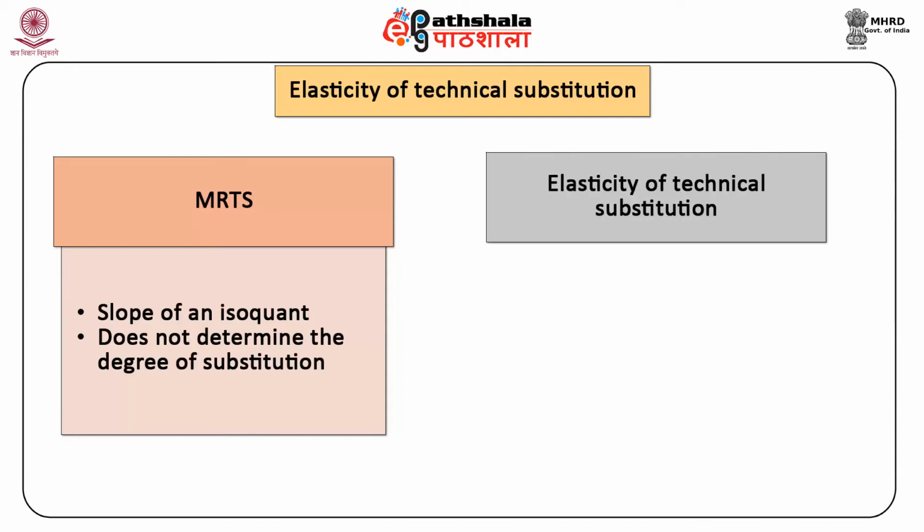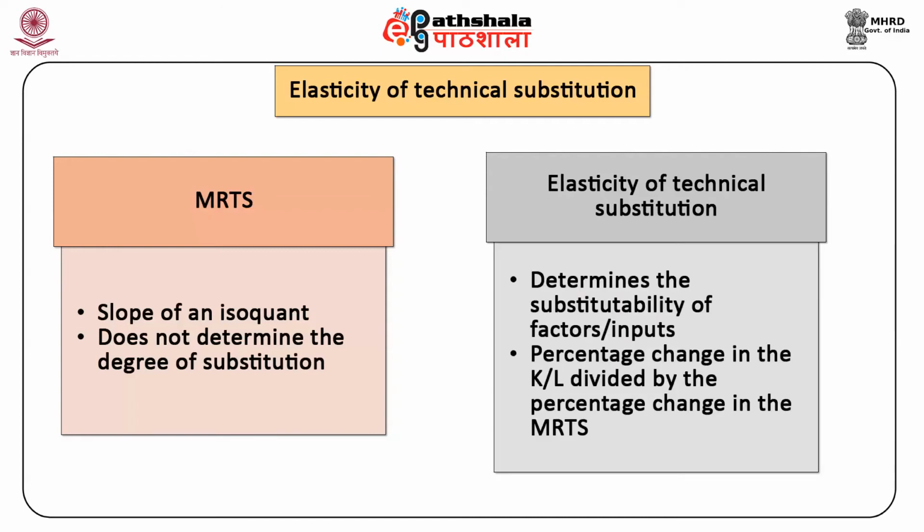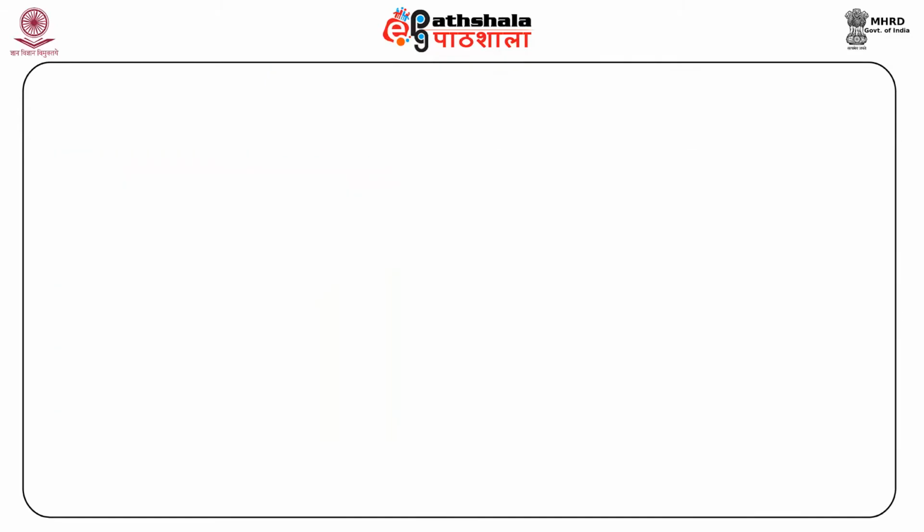Elasticity of technical substitution is the only measure which determines the substitutability of factors or inputs. Elasticity of technical substitution is defined as the percentage change in the capital labor ratio divided by the percentage change in the MRTS.